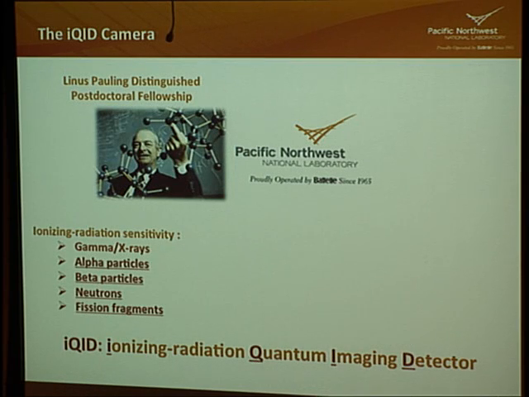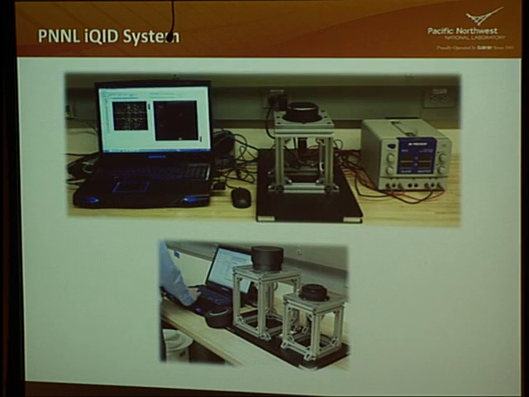When I joined Pacific Northwest National Laboratory, one of the things I was interested in doing was taking this iQID detector and looking at other sources of radiation, seeing how we could image those, how the detector performed, and what new applications would come from that. Here's the detector that I built there, and one of the goals was to make it very portable so we could visit other laboratories interested in imaging applications.